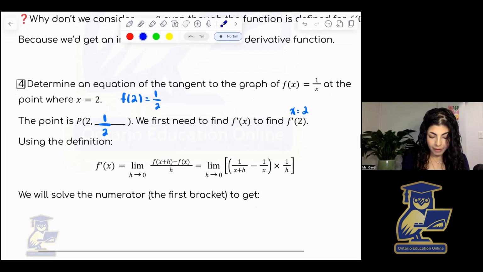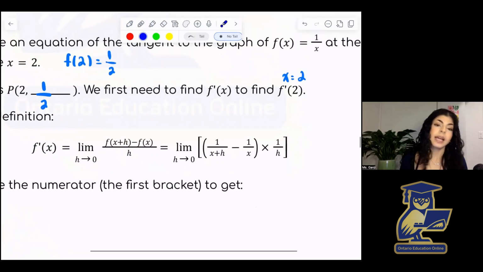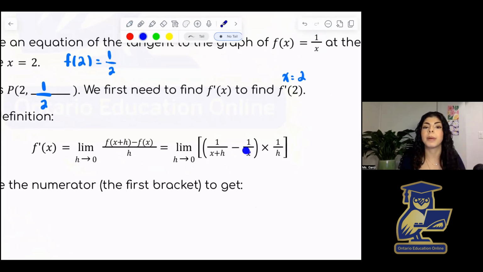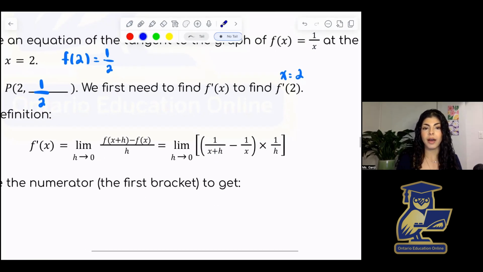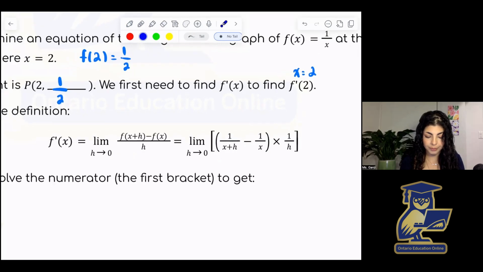So here, f prime of x using that limit definition. And again, when I have rational functions, I always separate my numerator so it's written a little more nicely instead of having a fraction over a fraction. Now here, this is just 1 over x plus h, subtract 1 over x. And this 1 over h is just my h denominator from here, rewritten to look nicer.